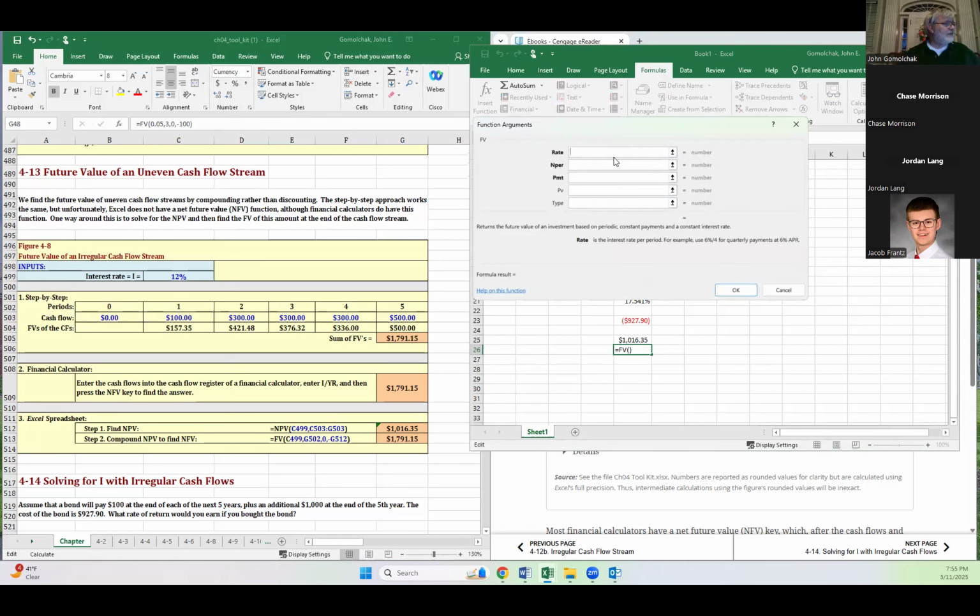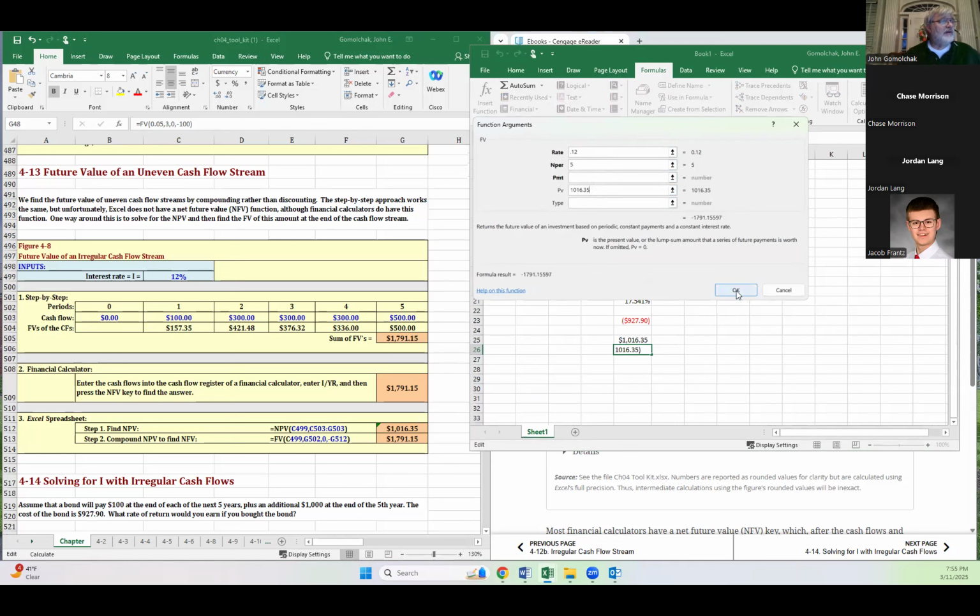Okay, the rate, I believe, is still 12%, yes. The number of periods is going to be 5. The payment, we're not doing payments, we're just taking a present value and taking it into the future. The present value is going to be the 1016.35.